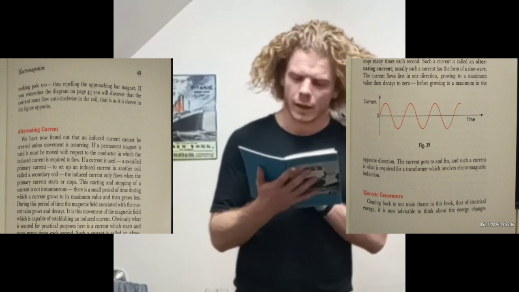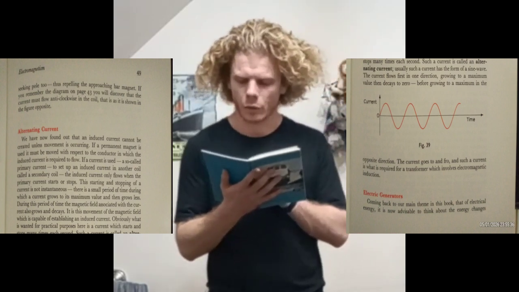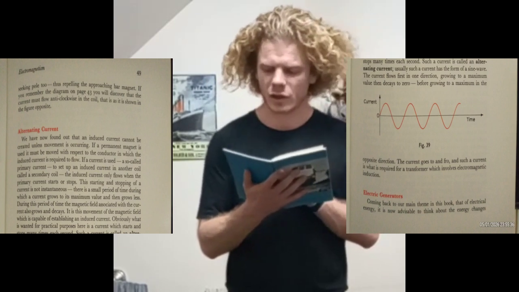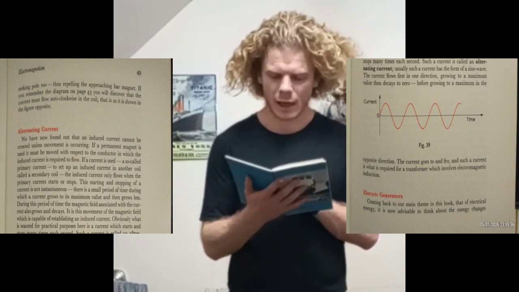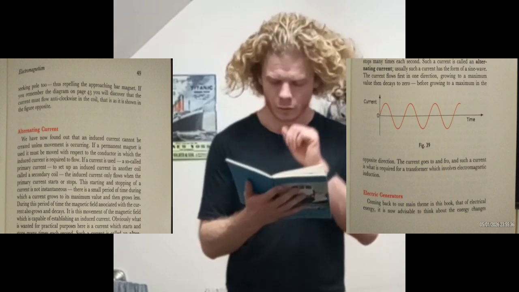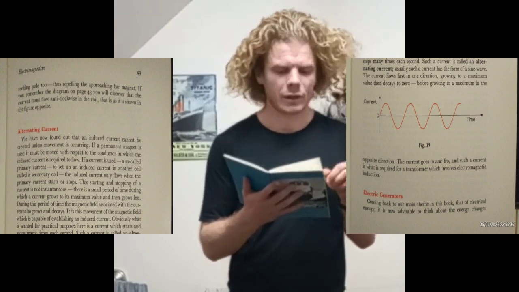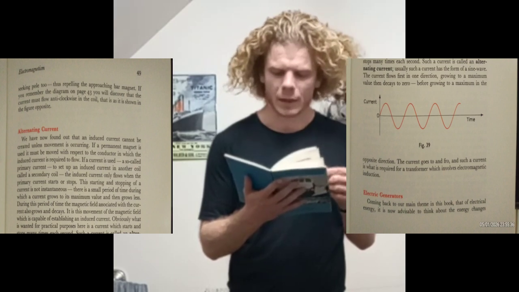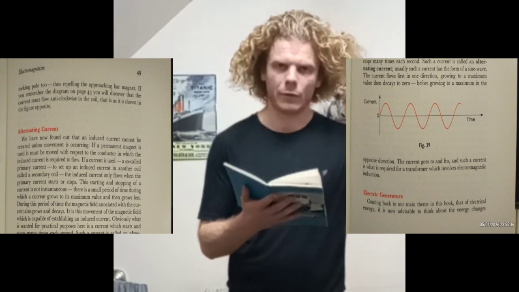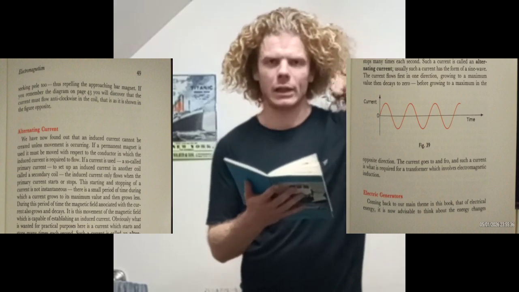Alternating current. We have now found out that an induced current cannot be created unless movement is occurring. I didn't really understand what an induced current is, but the movement of the magnet inside of the coil is important.